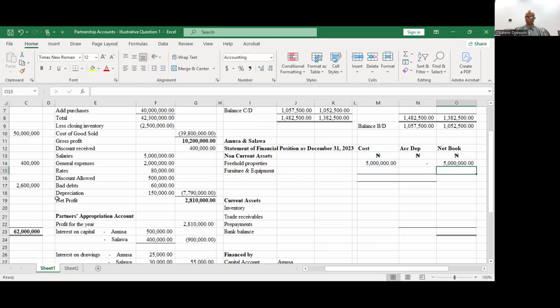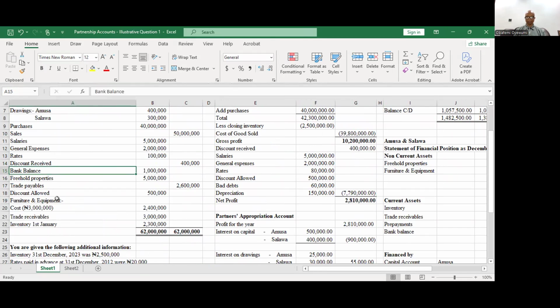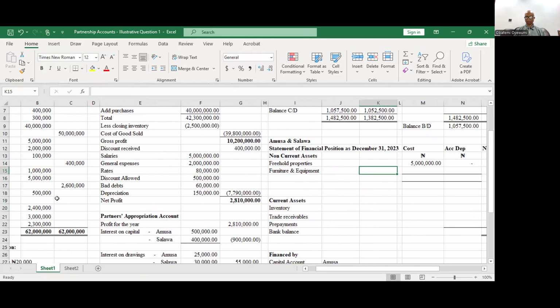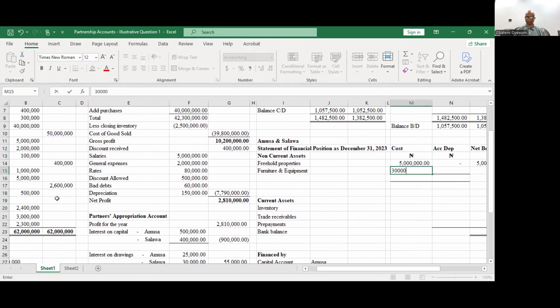Add it together, and that's what we call net book value. So let's go to furniture and equipment. We have furniture and equipment cost. How much is the cost? 3 million. So the addition of this will give us 3 million plus 5 million, which is 8 million.